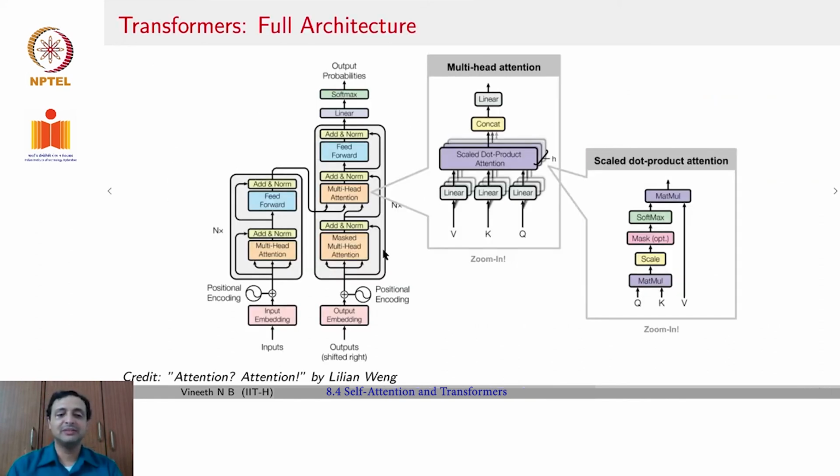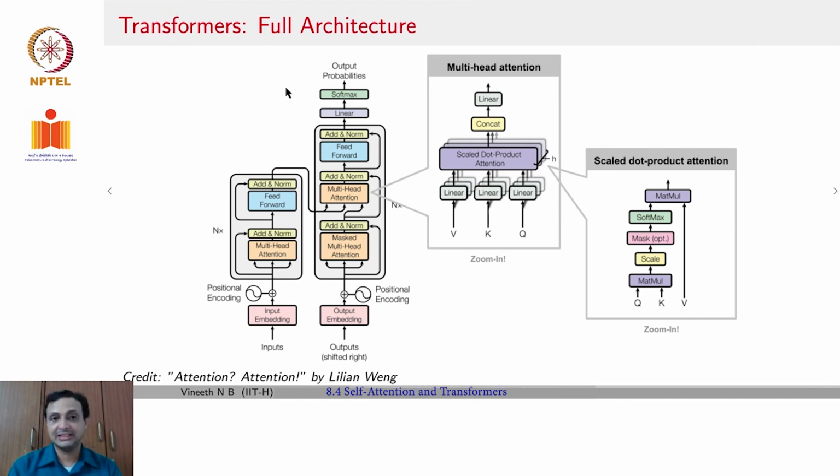So here is a revisit of the complete architecture again. The input embedding, then the positional encoding concatenated, you have the multi-head attention mechanism, then you have a skip connection, add and normalize, feed forward, add and normalize.